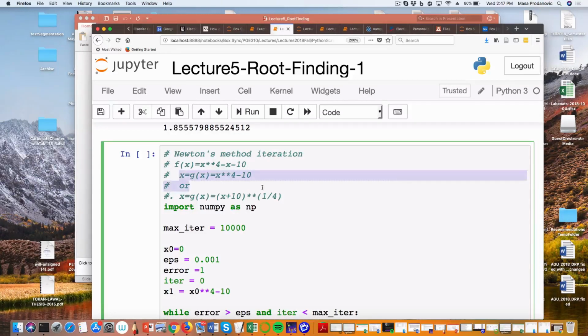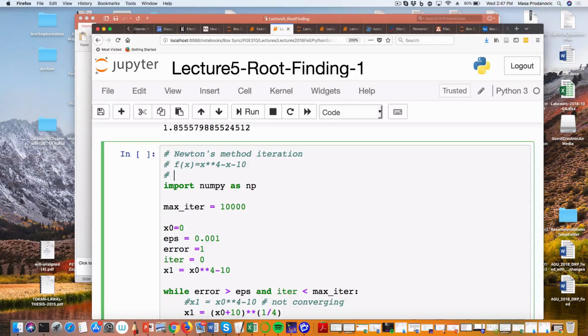It's just that now these g primes don't apply. What I need is f prime of x, and I'm going to compute this within the code so I can work with it.